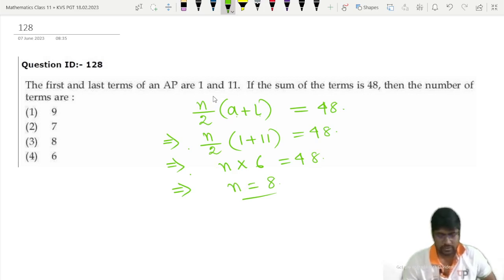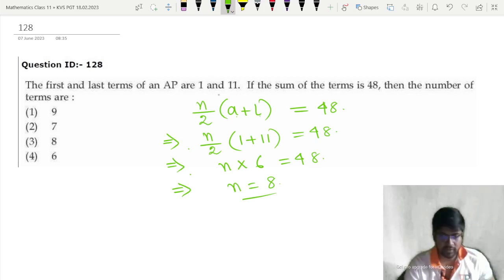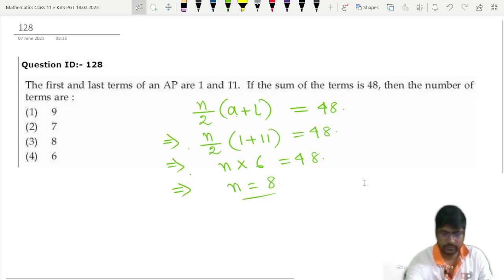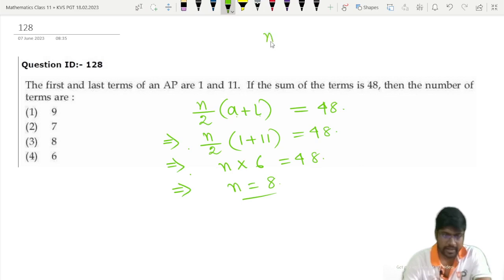I hope you have understood the solution of this problem. Here I have used one formula for finding the sum of n terms of an AP. Which formula have we used? The sum of n terms of an AP is n by 2 into a plus l, where a is the first term and l is the last term.